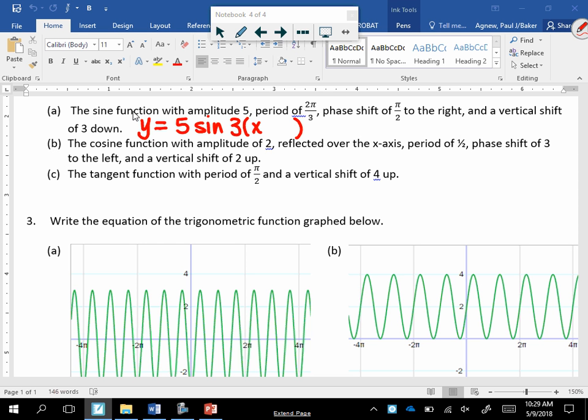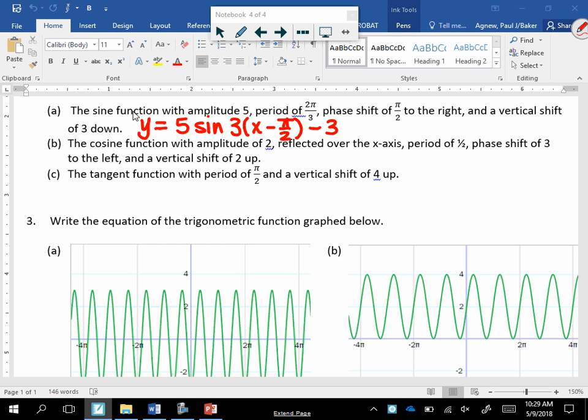In this case, the phase shift is pi over 2 to the right, so that means it's going to be x minus pi over 2, because again, we're going to use the opposite sign of what's inside. So if I want to go in the positive direction, this is going to be x minus pi over 2. And then finally, a vertical shift of 3 down means minus 3 at the end. So our equation would be y equals 5 sine of 3 times the quantity x minus pi over 2, and minus 3. And that tells us all that information in the equation.